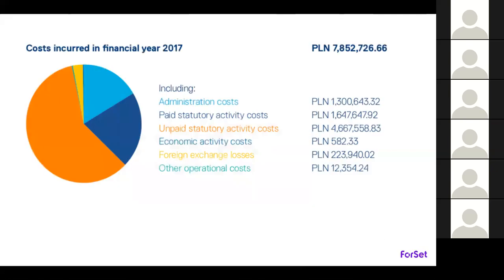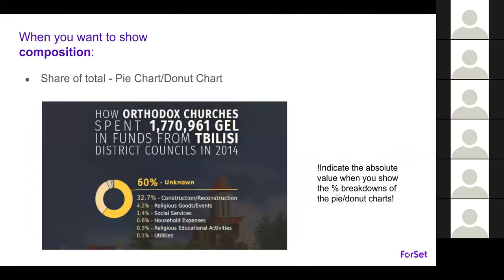And here we go to one example that I found in the annual report of our host organization, actually TechSoup. As I said in this slide, we are using a pie chart to show the share of total. So it's kind of like a percentage breakdown.